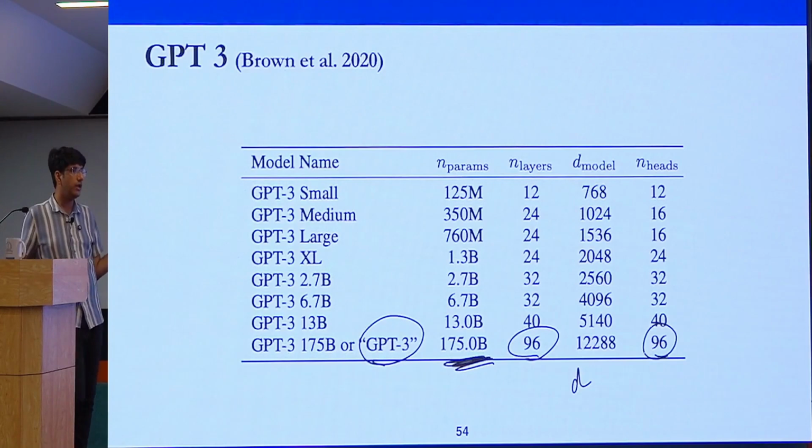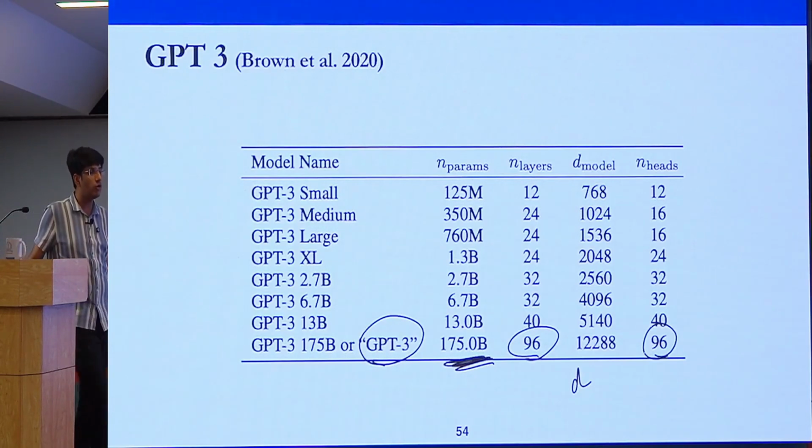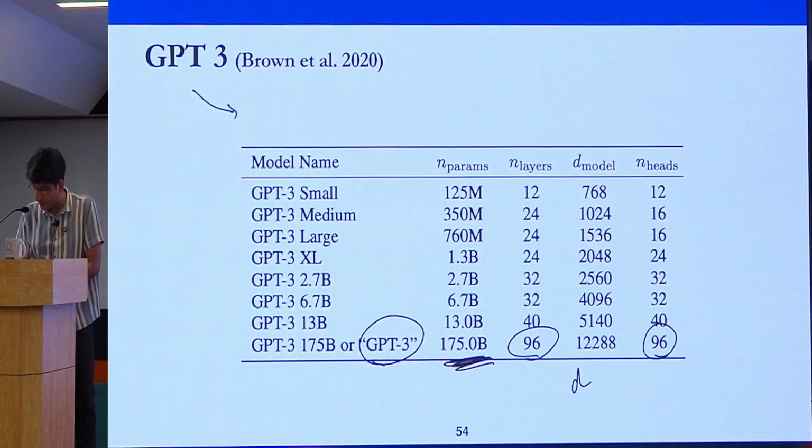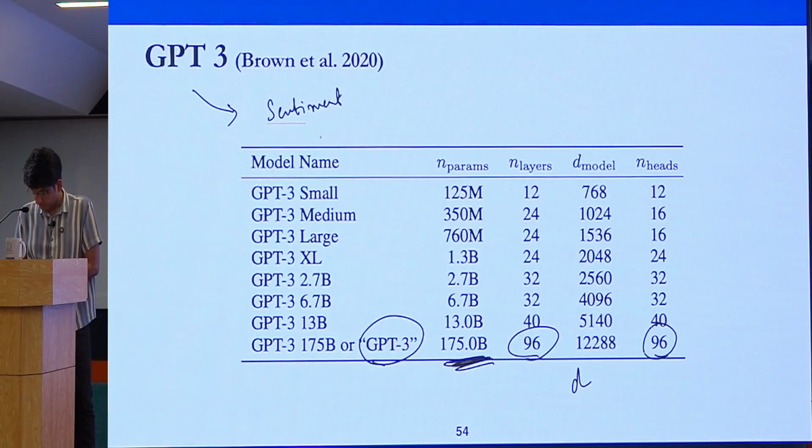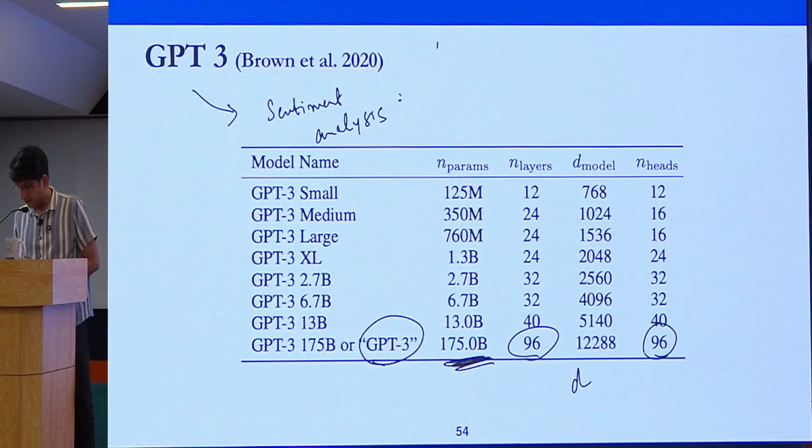GPT-3 is a language model. If you want to predict the sentiment of a movie review, let's say you want to use GPT-3 for sentiment analysis, what would you do? You will say, here is my movie review.